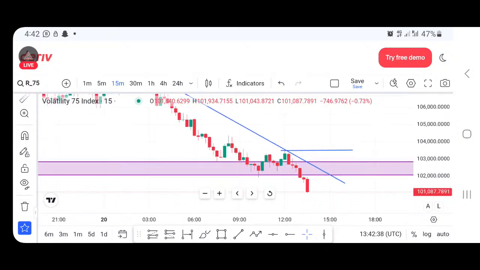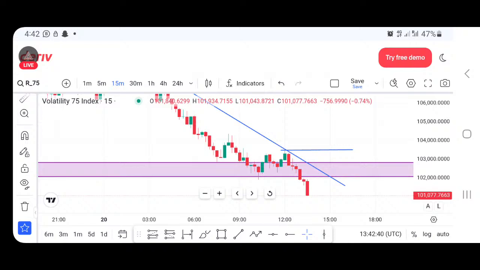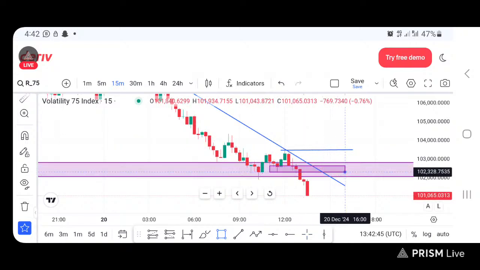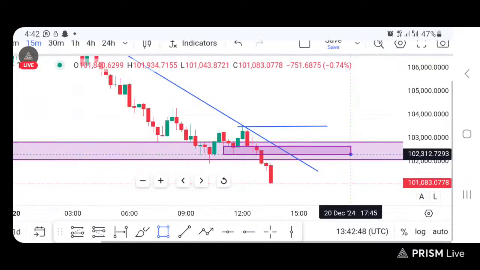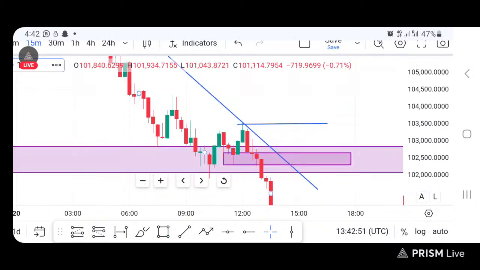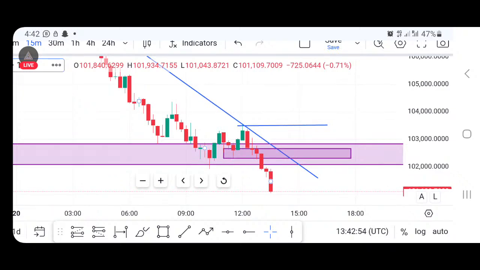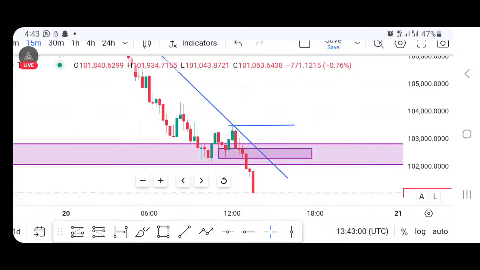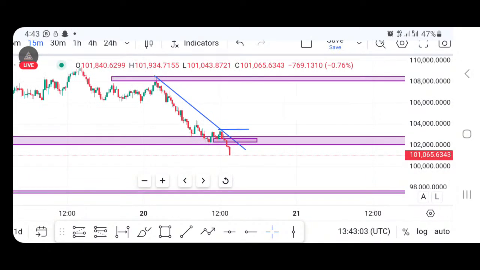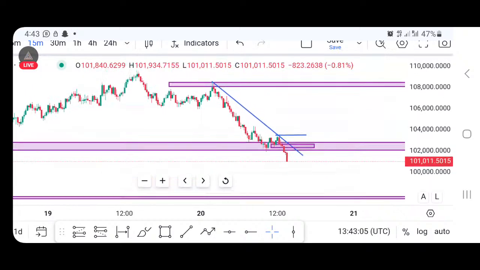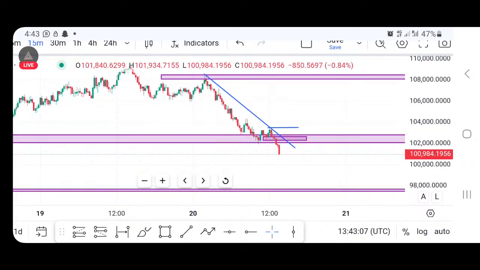If the market comes and respects this area here, which means it will not break your trend line, it will just come and make a touch on the trend line and then push back down. Are you getting the point? So if it pushes back, you also have to wait, because the system you are using to trade is not telling you to jump in, it is telling you to wait.